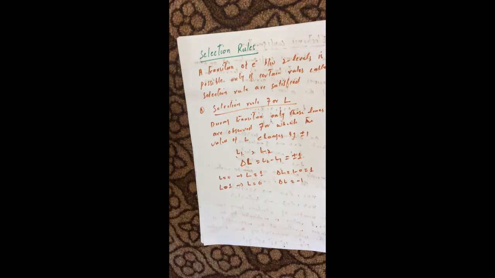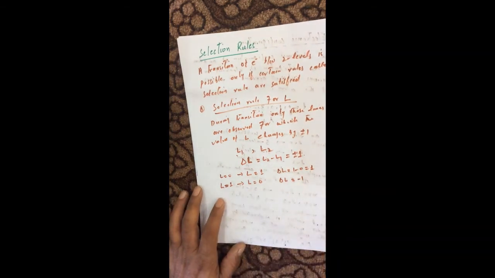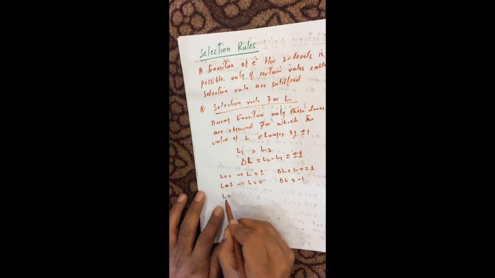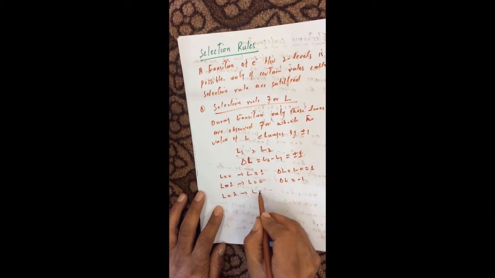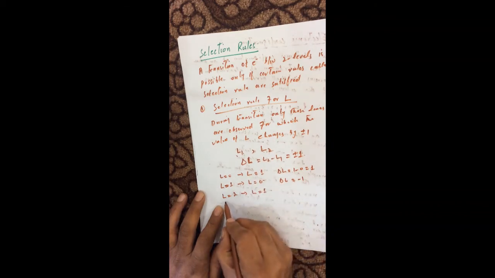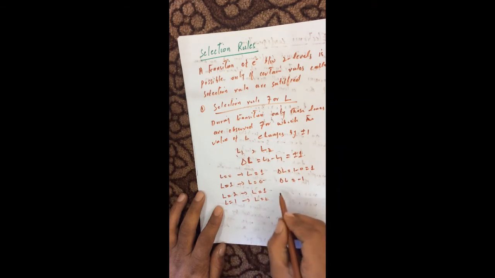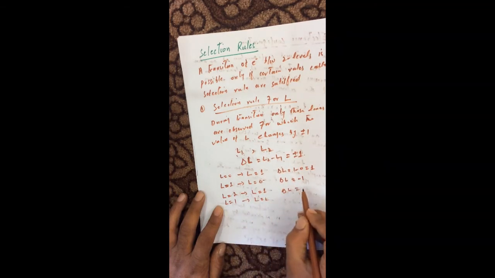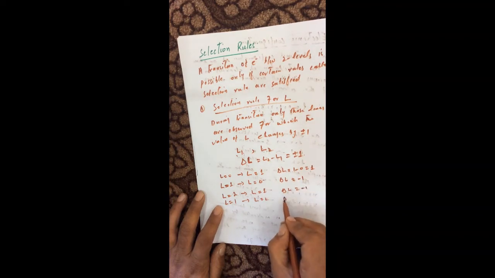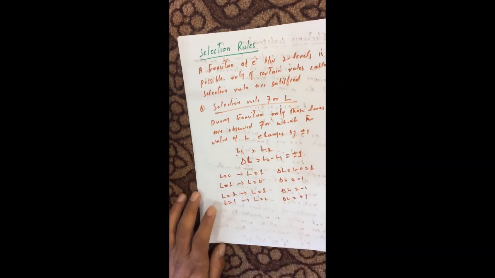It can jump from L equal to 2 to L equal to 1, or from L equal to 1 to L equal to 2, because here delta L is -1 and here delta L is +1.